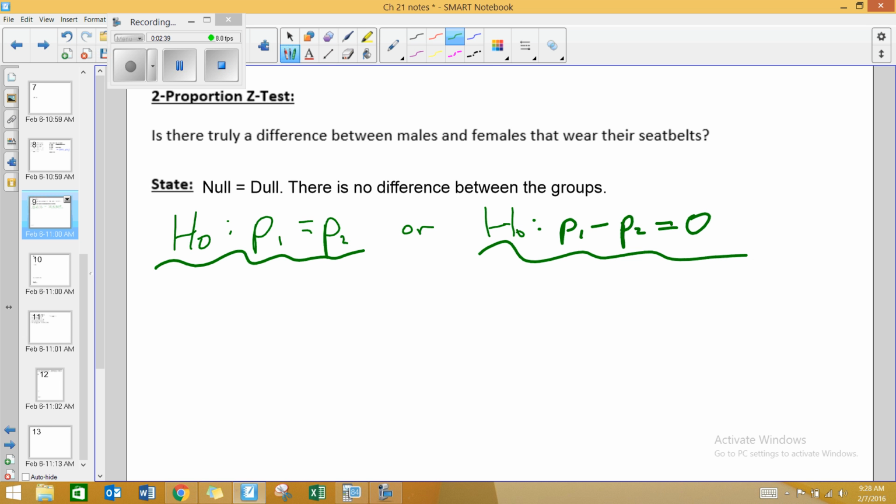Okay, so for the alternative, it states there is a difference.